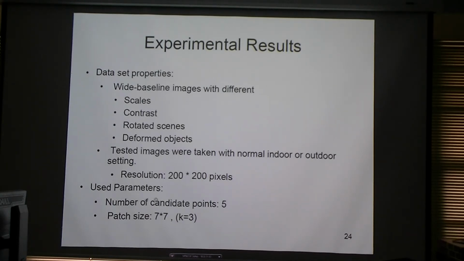For the parameters that we used in our SCoBeP, the number of candidate points n is 5, and the patch size for extracting features, with K equal to 3, is 7 by 7.